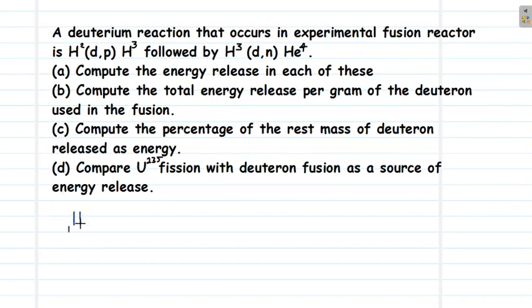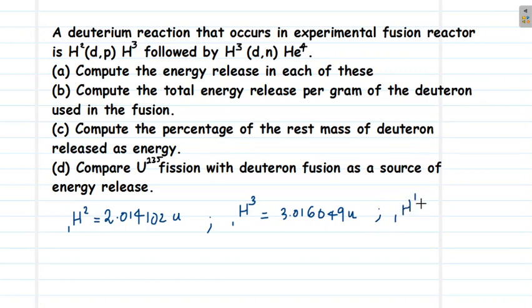For example, the mass of deuteron is 2.014102 u. Then the mass of tritium is given by 3.016049 u, and the mass of a proton, which is 1H1, is equal to 1.007825.